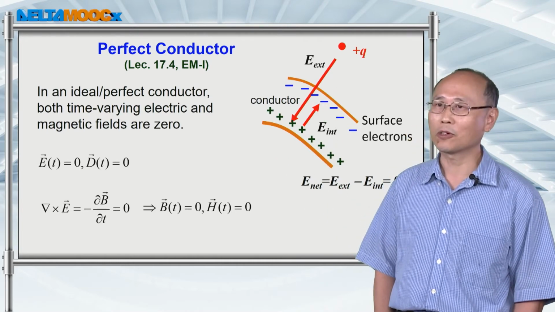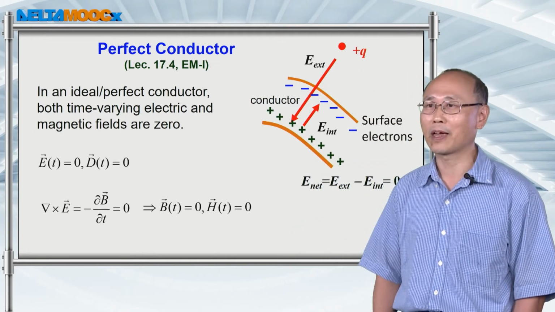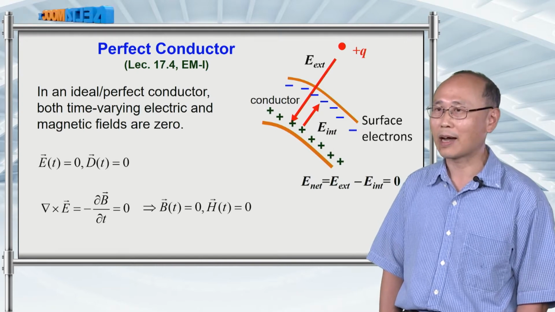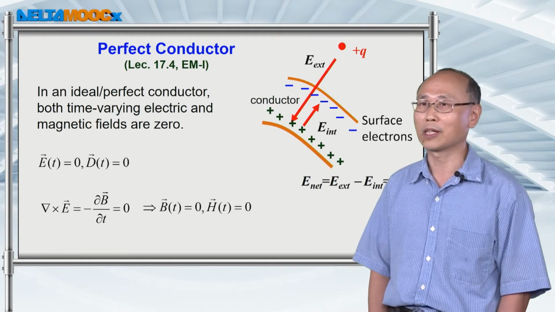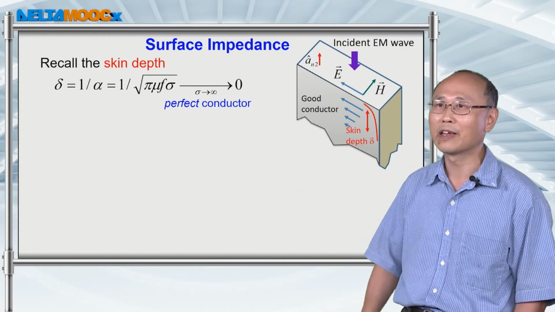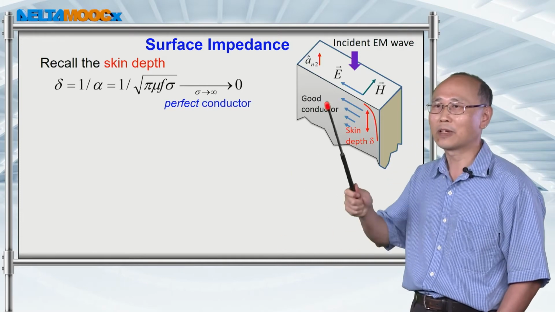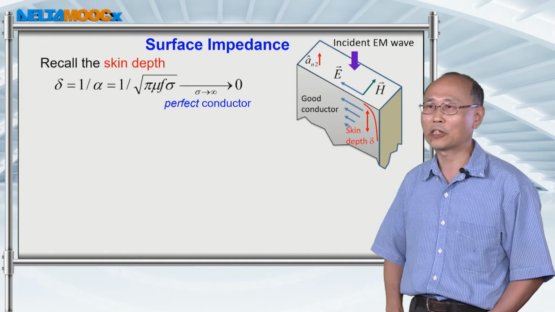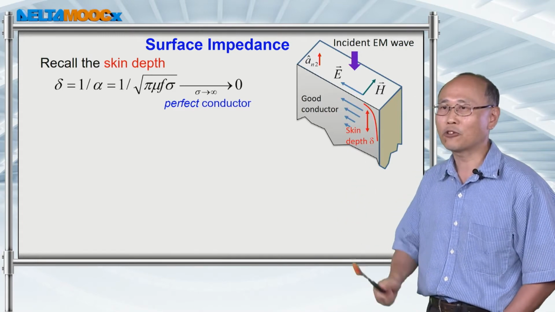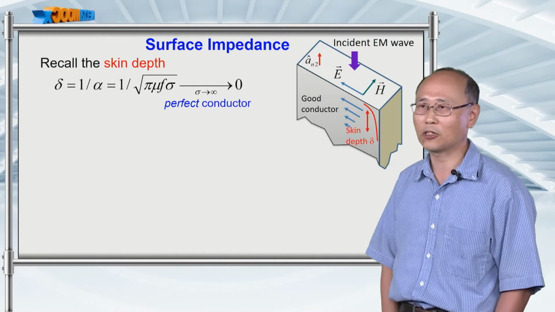So now we'll be talking about the impedance on the surface of a piece of good conductor. And we are not going to talk about anything inside or deep inside a piece of conductor. So on this page, we'll start to define surface impedance. So think about that you have an incident wave onto a piece of good conductor. And you already know that the electric field and magnetic field will attenuate along the propagation direction.